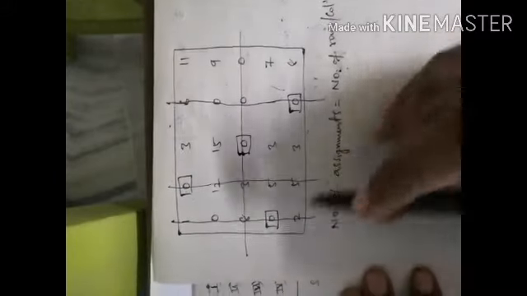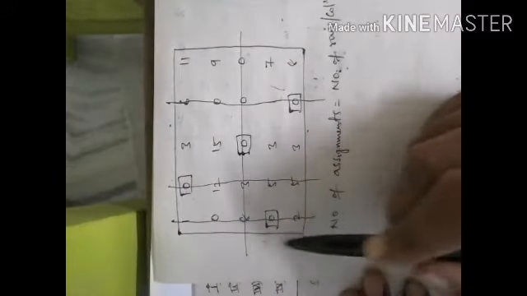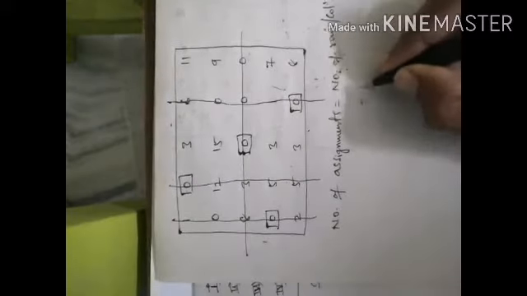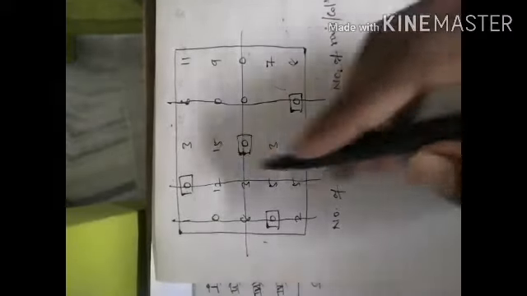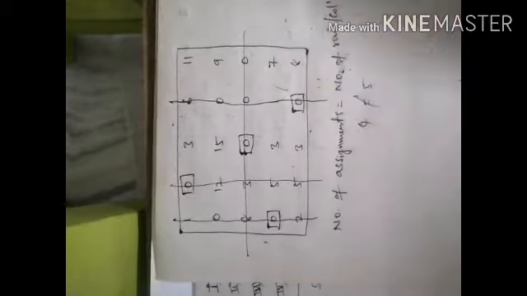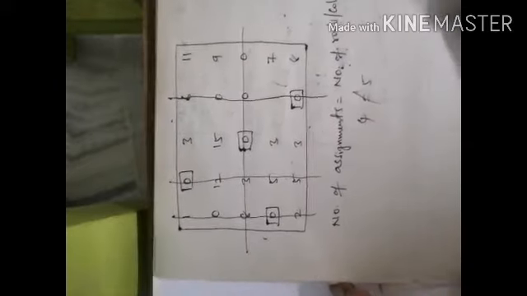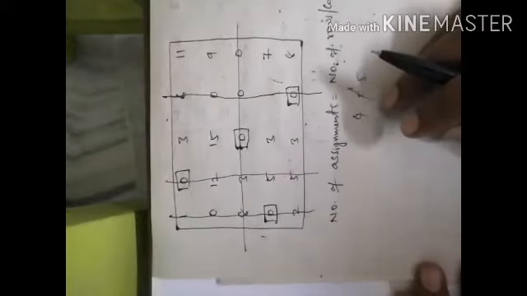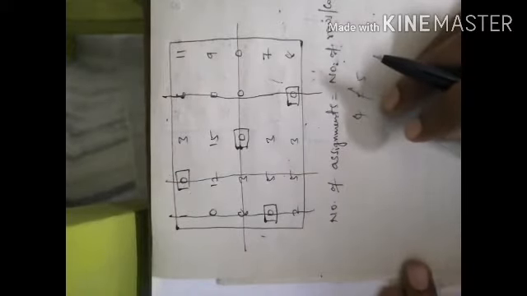Here we have 5 rows and 5 columns, meaning 5. The number of assignments is 1, 2, 3, 4, only 4 assignments. So this is not equal; the condition is not satisfied. In this situation we have to do some further procedure.